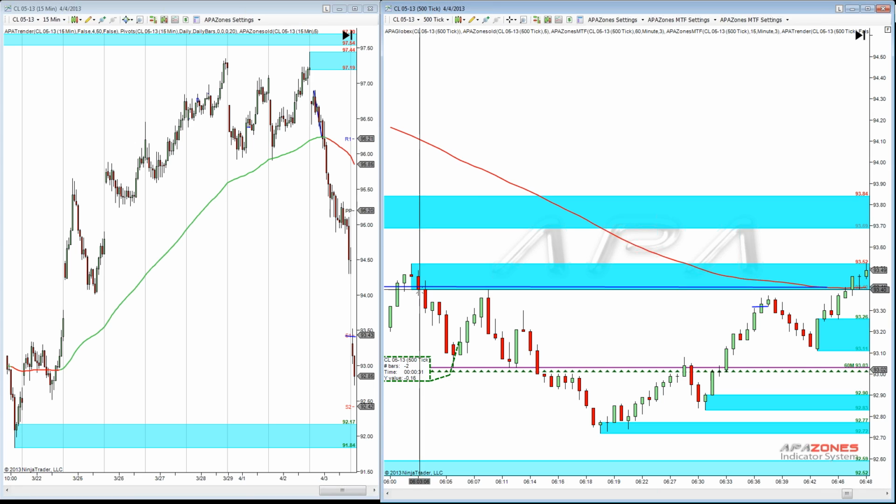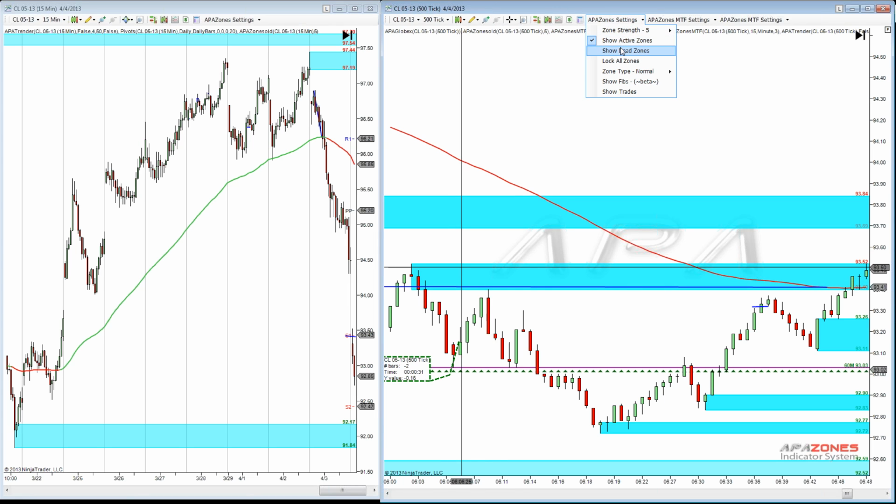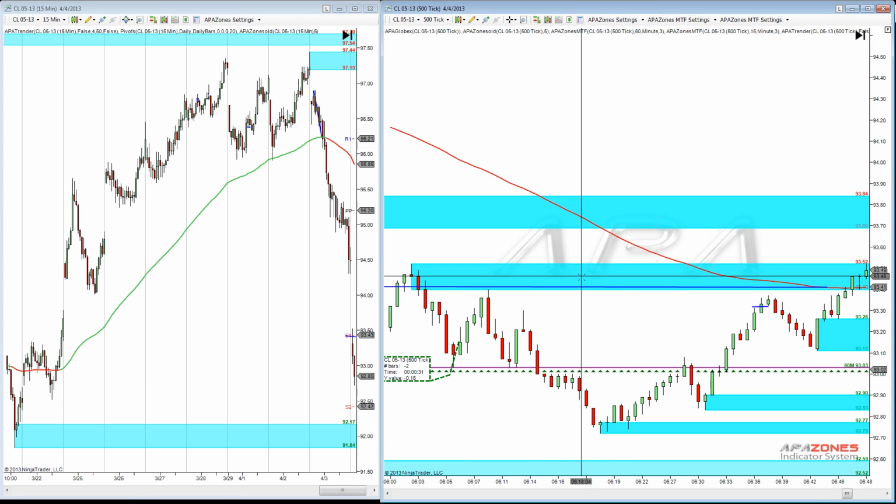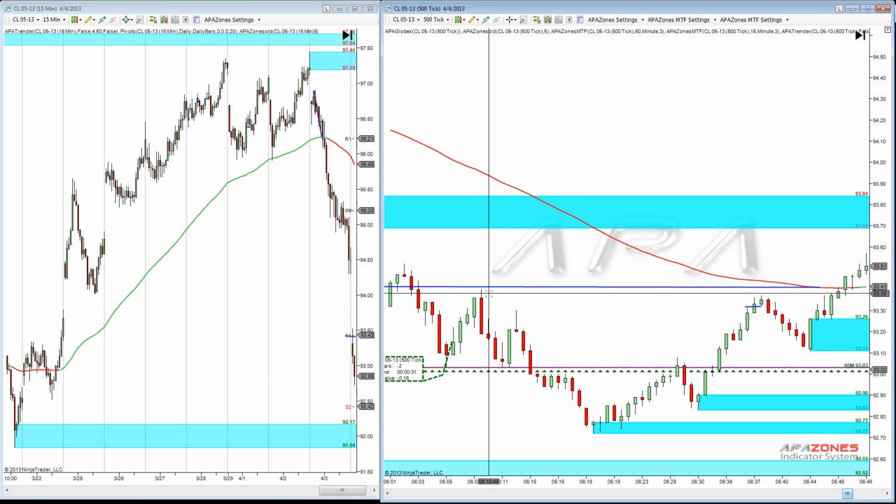It's at the close of that red candle, which is exactly where the pivot point is, as well as this. So technically speaking, if you wanted to move this zone around, and you can do so by unlocking your zones, you can lock and unlock your zones. So I would say unlock your zones, adjust the zone around, and then lock it again so you don't accidentally do something there. I feel like that was a really good retest of that. Okay, so let's see what happens.